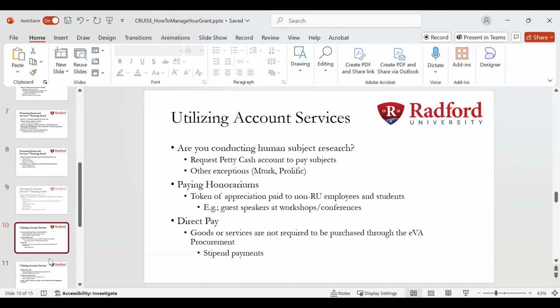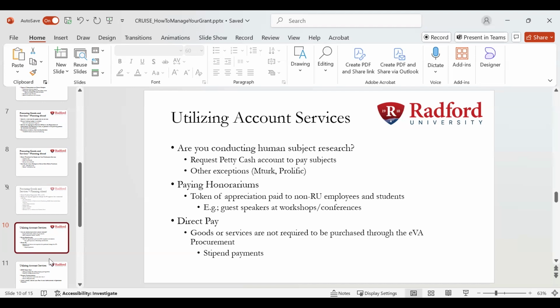As it says on the slide, there is the option to do honorariums. An honorarium is when you elect to contribute to someone's participation, but it is not expected. If you ask a participant and you promise them money, you cannot do an honorarium.